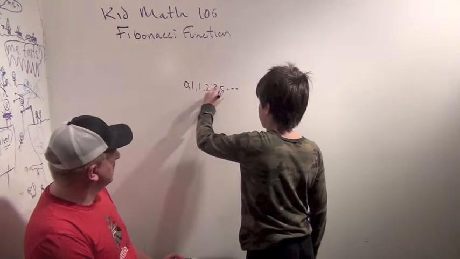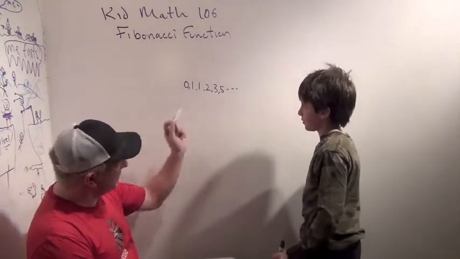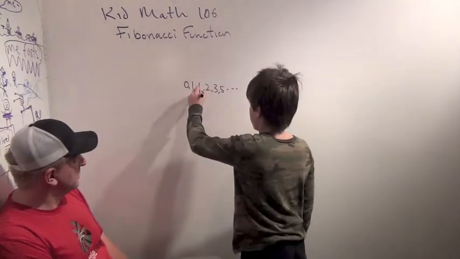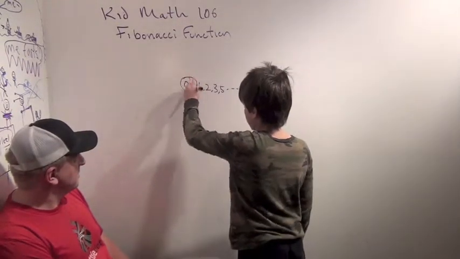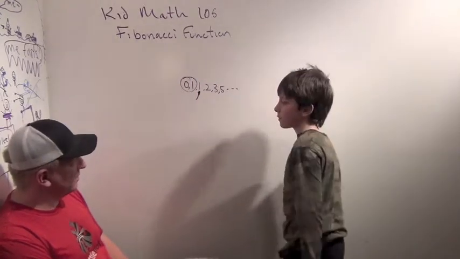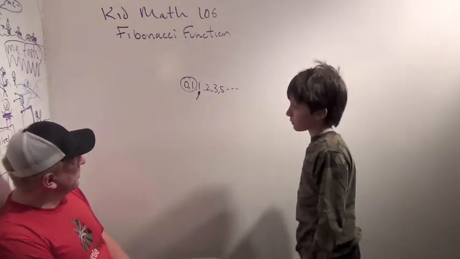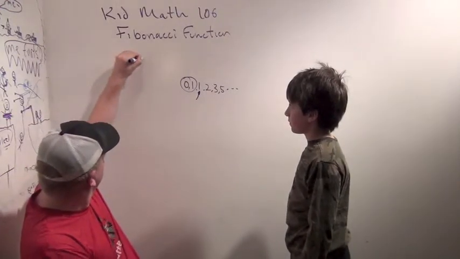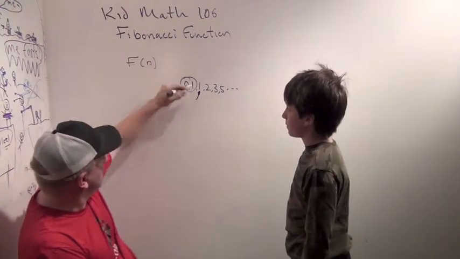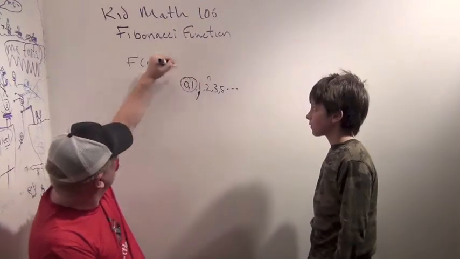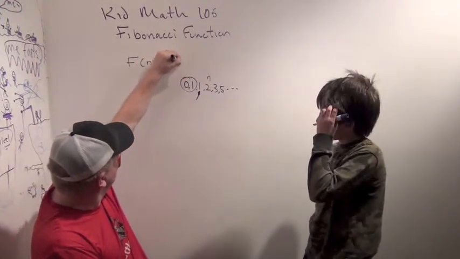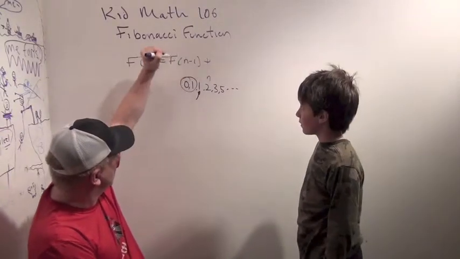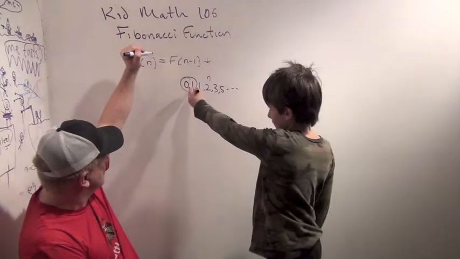Yep. And what's the relationship, how you figure out those numbers? Well, the next number, this one, is the sum of these two. Okay. Very good. So we can write it like this: Fibonacci, the nth one, equals Fibonacci n minus 1, the one that comes before it, plus the one that comes before that, too.